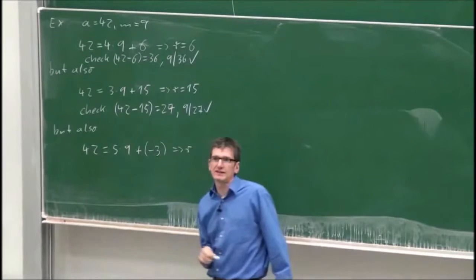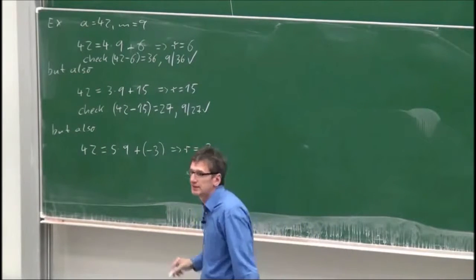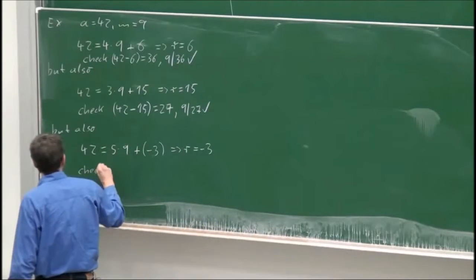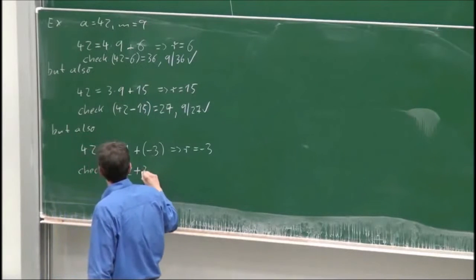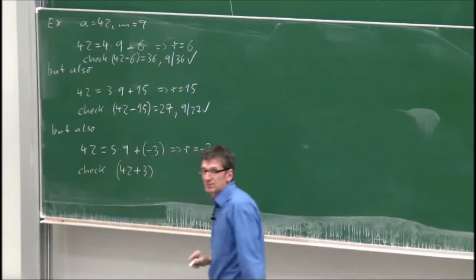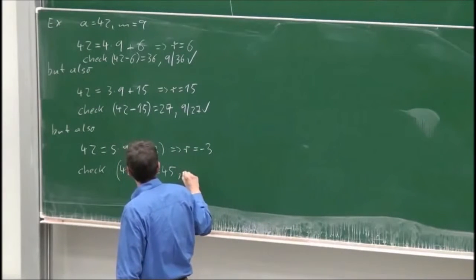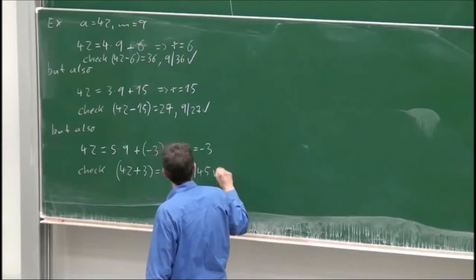So according to this statement here, the remainder can also take the value of -3. Let's go back into the definition. Check. 42 minus -3 is +3, so this is 45. And again, we have to check, does 9 divide 45? Of course it does.